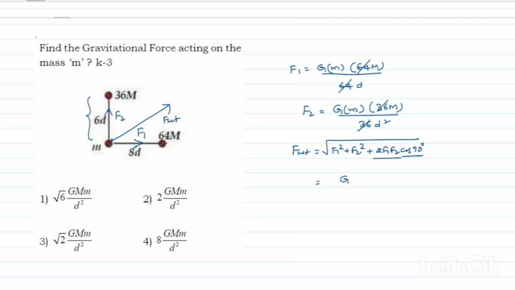The remaining values will be G small m into capital M by D square, plus the next one, G small m into capital M by D square. So this is nothing but 2 times, and you can write it as root 2 into G small m into capital M by D square. So the third option is the correct answer.